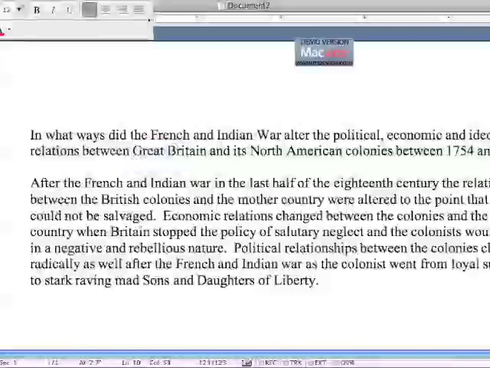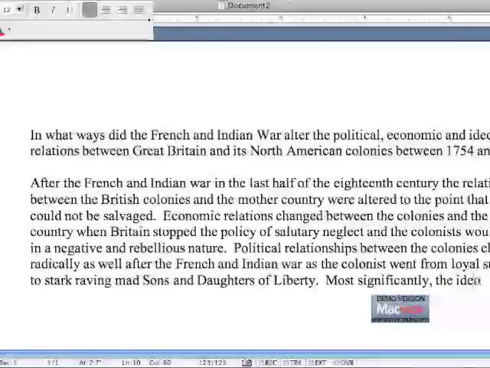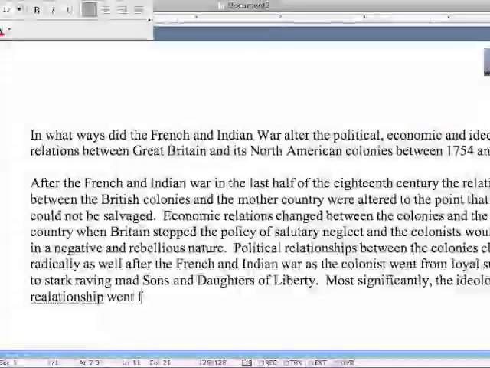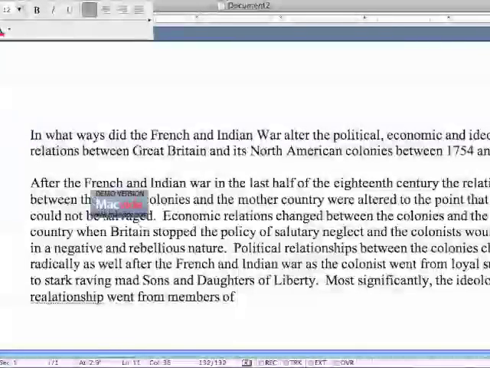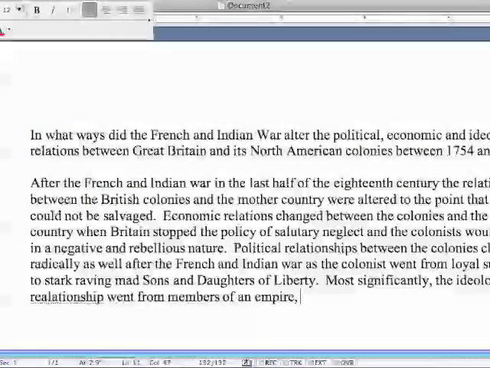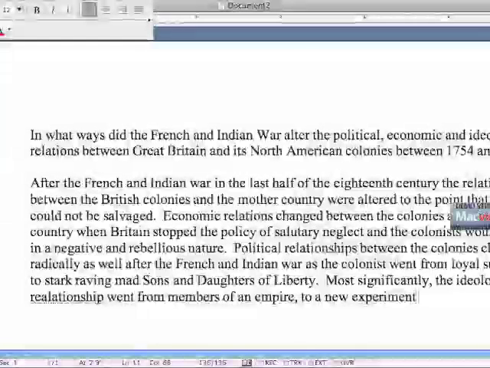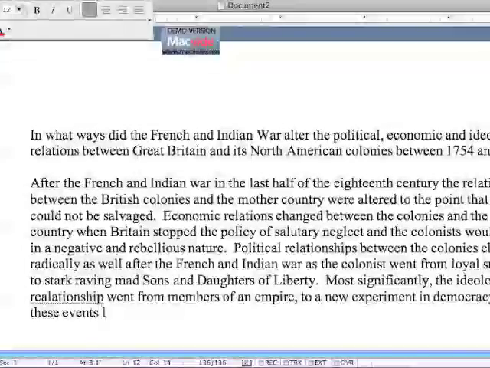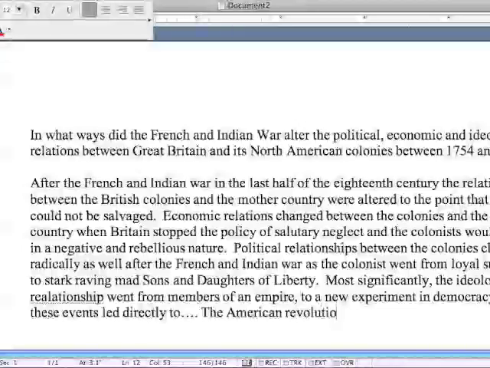At the end, I just want to say, most significantly, the ideological relationship went from members of, let's say, an empire to a new experiment in democracy, as these events led directly to, guess what? Da, da, da, da, the American Revolution. And there I have it.